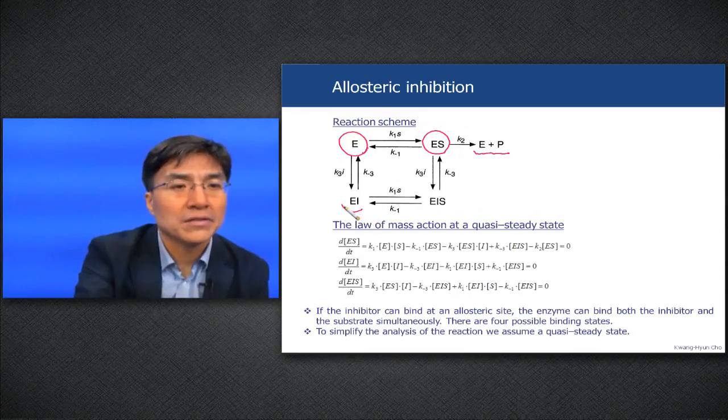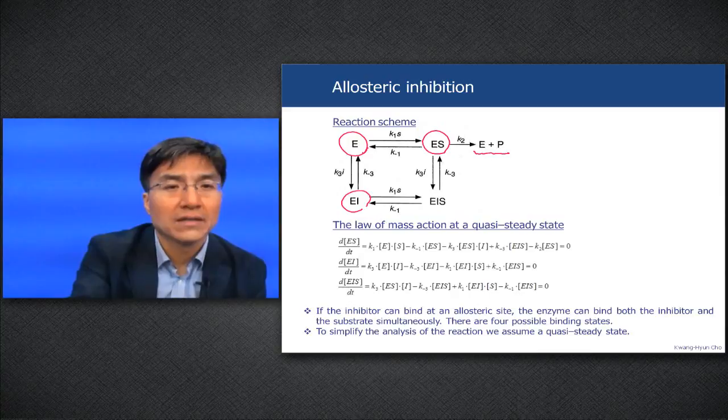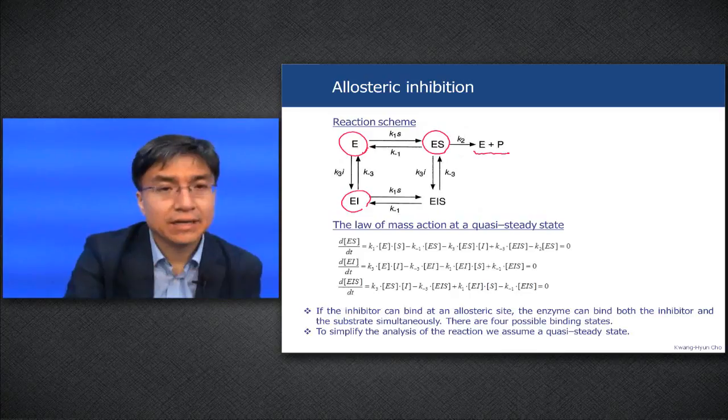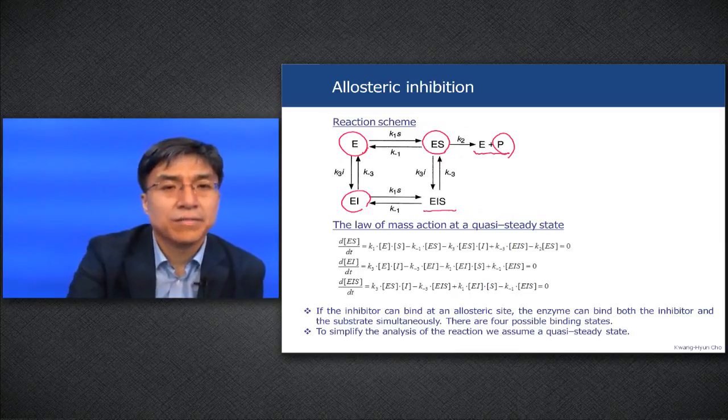But if there is an allosteric inhibitor that binds to some remote site, then this enzyme and inhibitor binding actually prohibits the production of a product, and it just remains in the form of a complex of enzyme, inhibitor, and substrate. There is no more production of the final product.